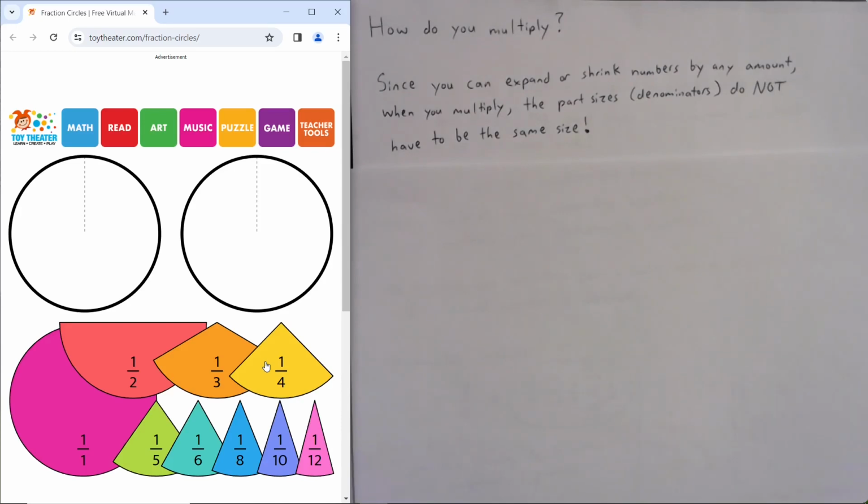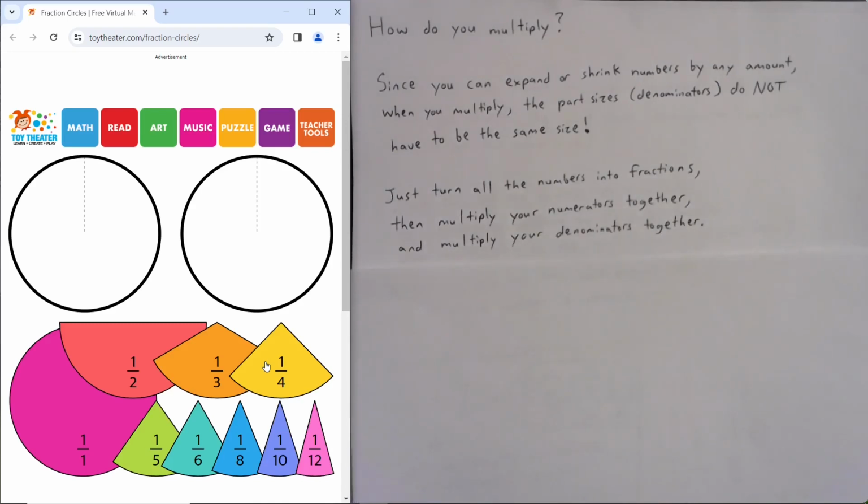So, in other words, you don't need to have common denominators, because at the end of the day for multiplication, it's as easy as numerator times numerator and then denominator times denominator once you have everything in fraction form.